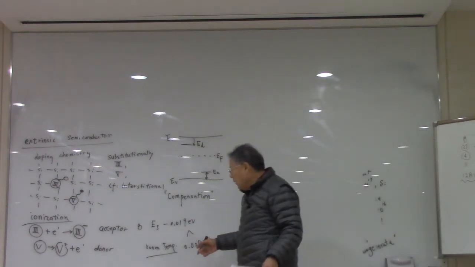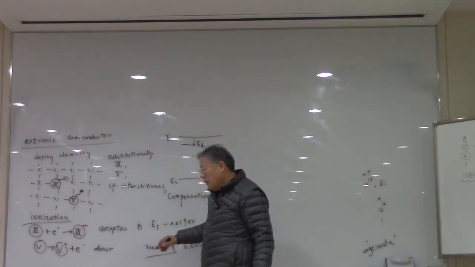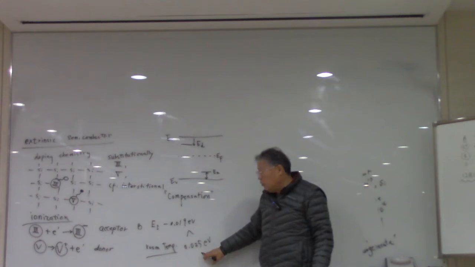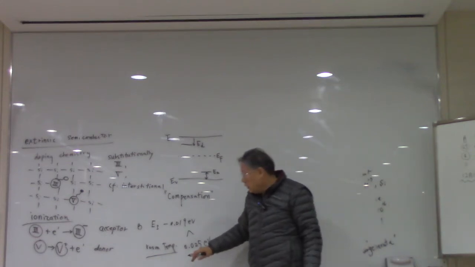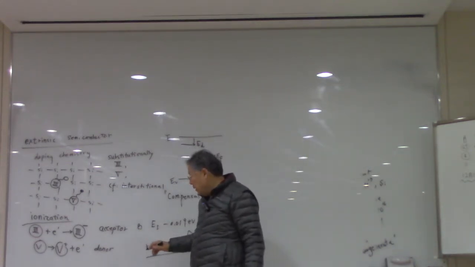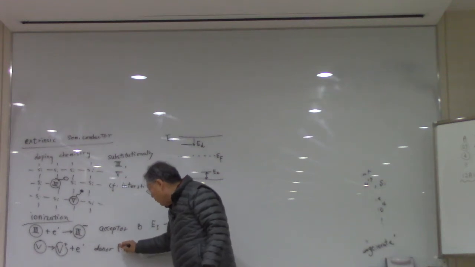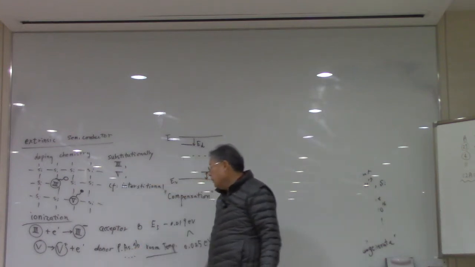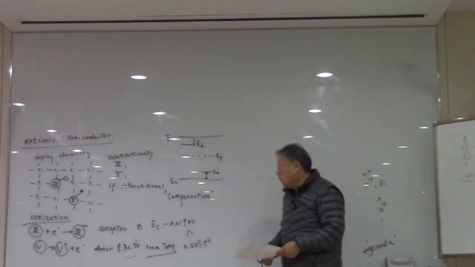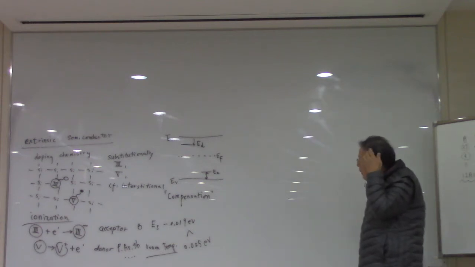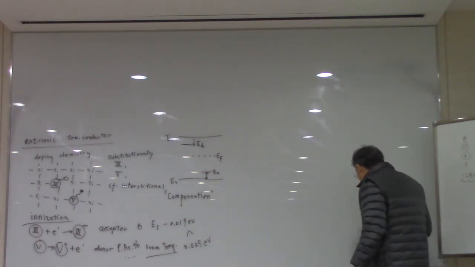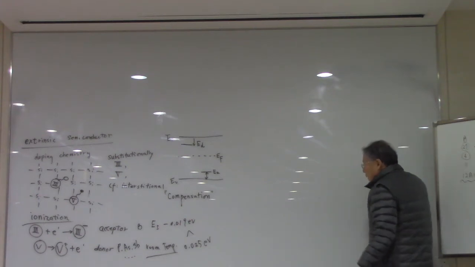Most of the known dopants have less ionization energy than the room temperature energy, so they can be used as dopants. For donors, we have a choice: phosphorus, arsenic, antimony, and so forth. We have a lot of choices for donors, but for other reasons, we have only one acceptor for the semiconductors. Okay.